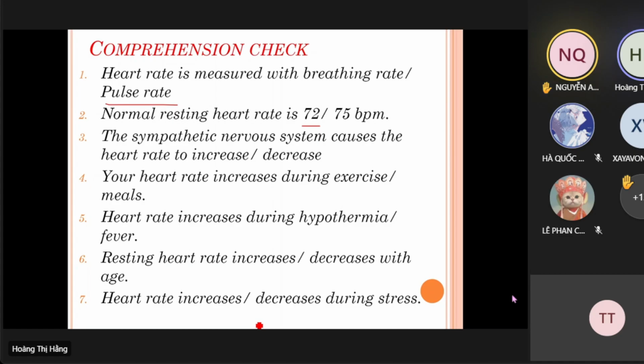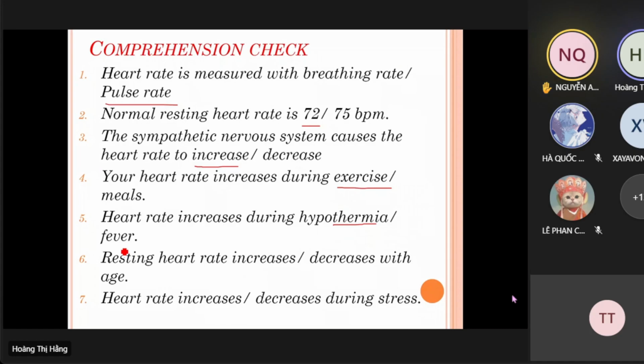Number 3. Increase. In hả? Number 4 is exercise. Exercise. 5. Hypo là thấp hơn, therm là nhiệt độ, hypothermia tức là người mình bị thấp hơn nhiệt độ bình thường.